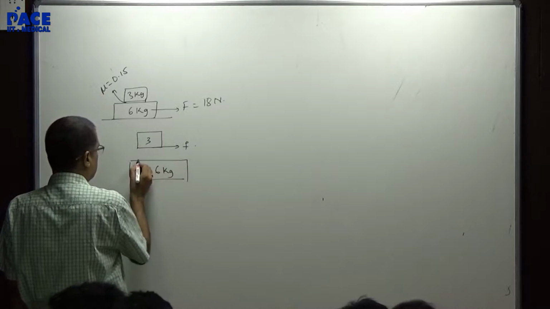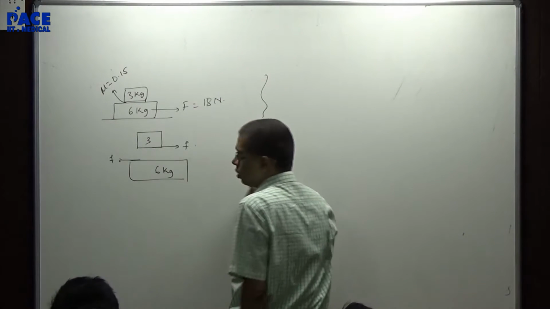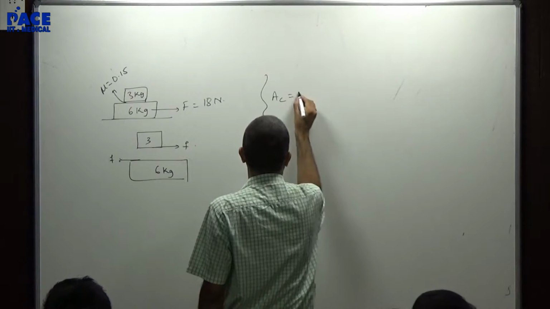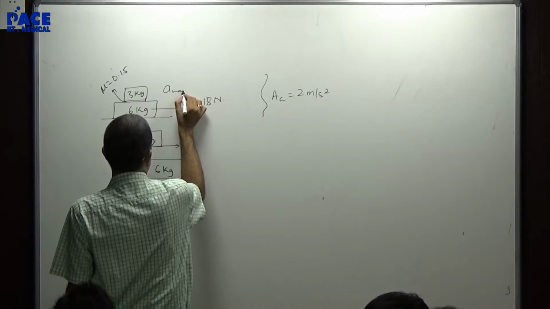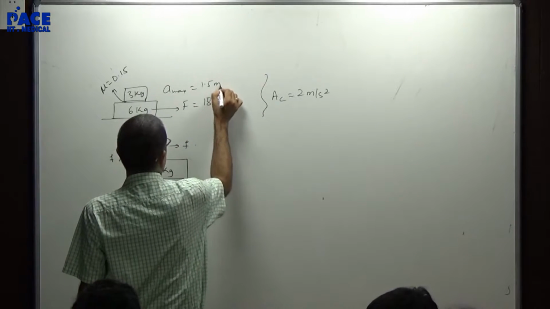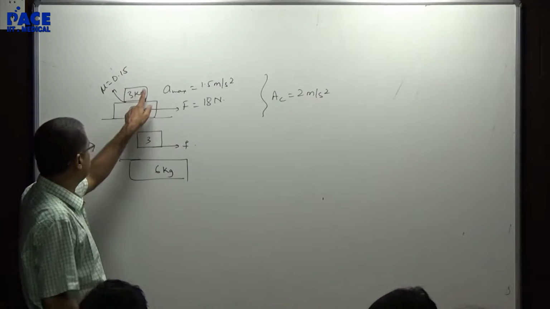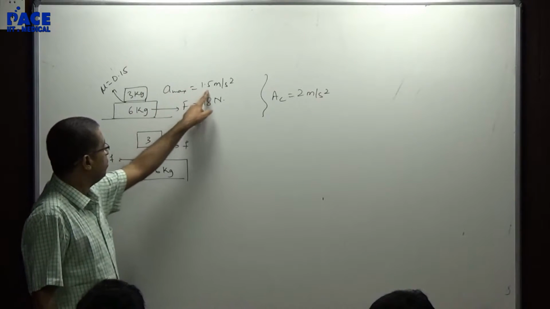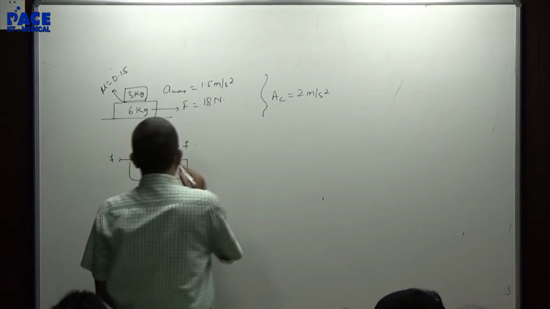On the 6 kg block, friction will act in the backward direction. Are both the blocks moving together? A common is 2 meter per second square. A maximum is 1.5 meter per second square. If the whole of friction on this block is acting, it can make it move with 1.5 meter per second square.